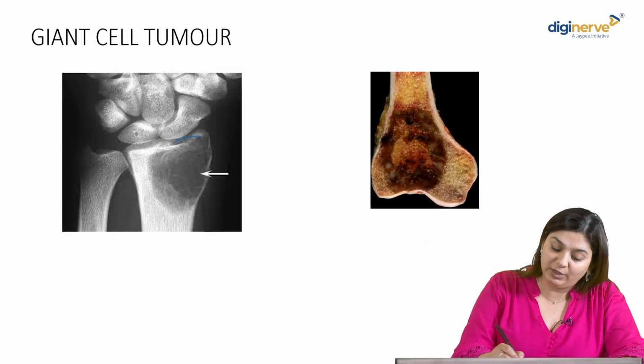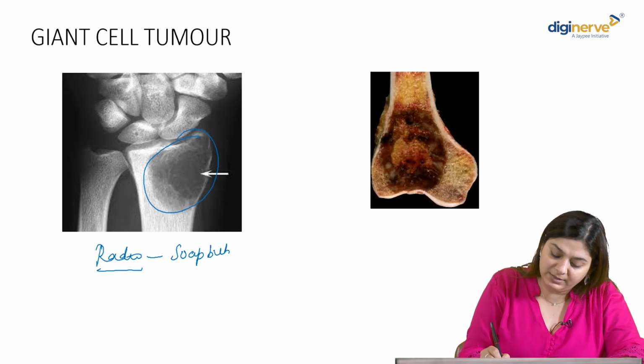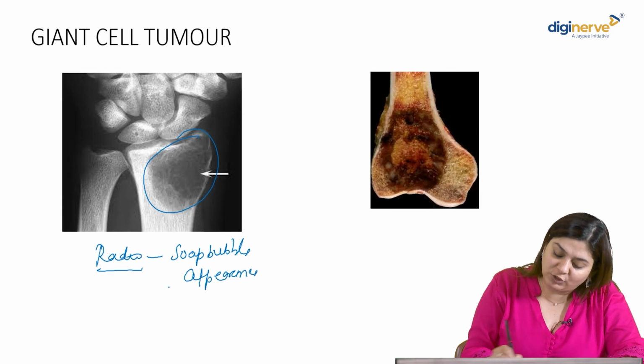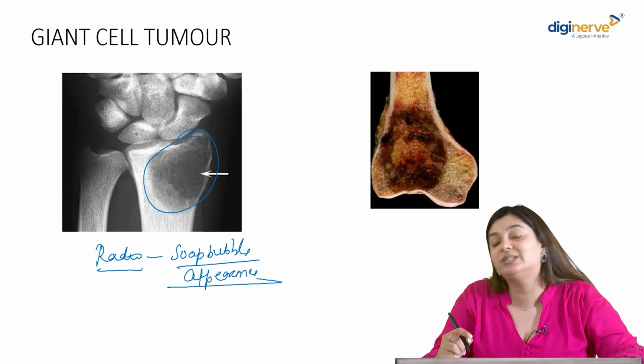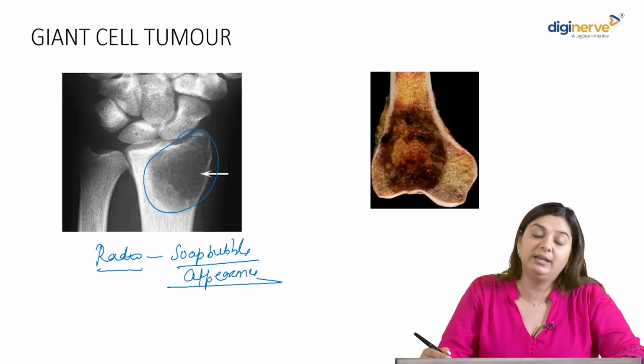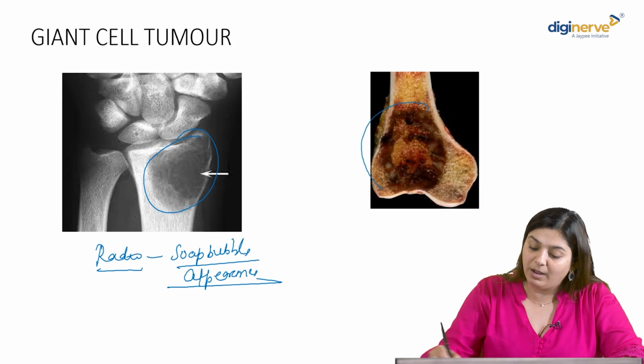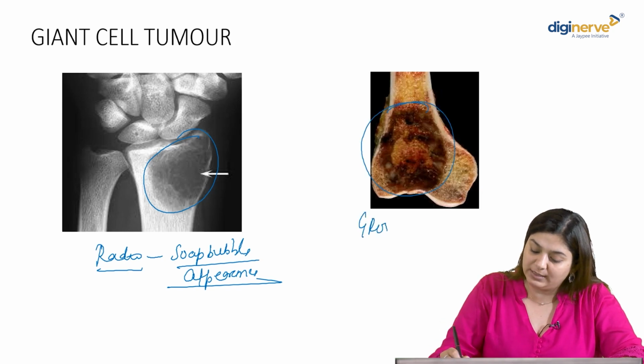So if you see radiologically, there is a soap bubble appearance. All these pictures, please keep revising, students, because they will be given in your clinicopath question with this image. And grossly what you will see is hemorrhage is present.